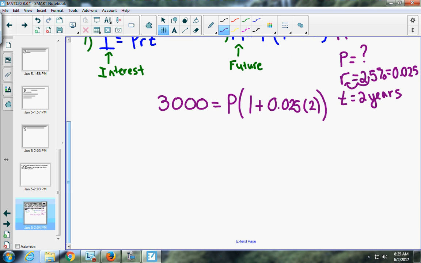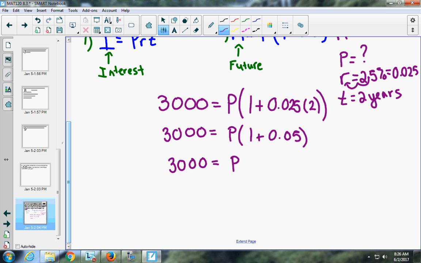The first thing I'm going to do is simplify everything inside those parentheses. So remember, with order of operations, we multiply first. 0.025 times 2 is 0.05. 1 plus 0.05 is 1.05.